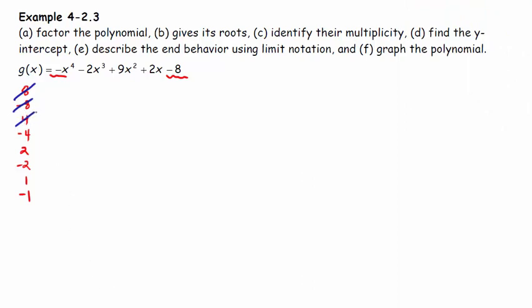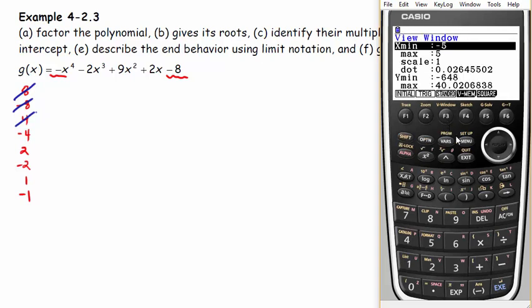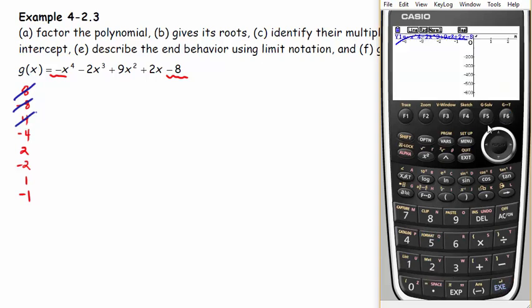Alright, so I'm going to zoom in a little bit more. Let's go maybe -4.5 to 2.5. Alright, now it looks like we can see what's going on here.